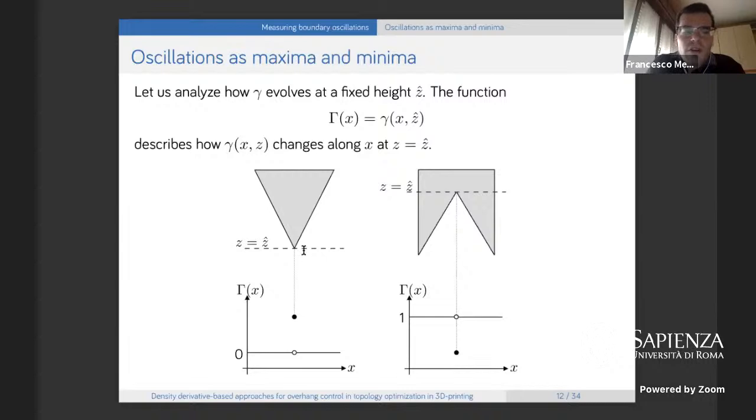However, we also have a neighborhood from this point, a neighborhood along the x-axis, where the density is 0, or at any rate smaller than 1 if we are considering material densities which change continuously, with continuity. And therefore, this point, the tip of the oscillation, can be seen as a local maximum of the function capital gamma.